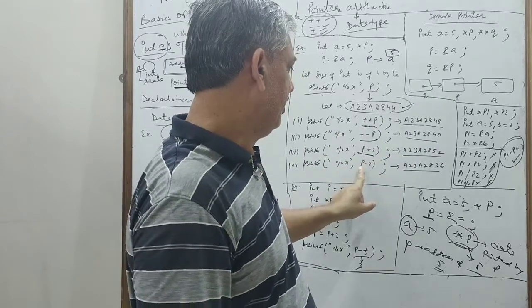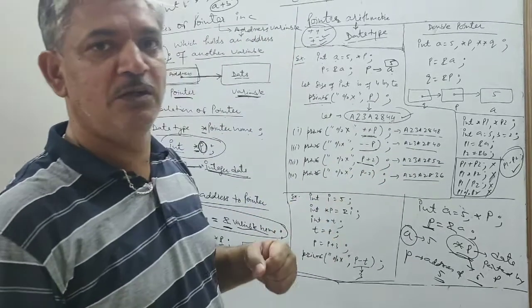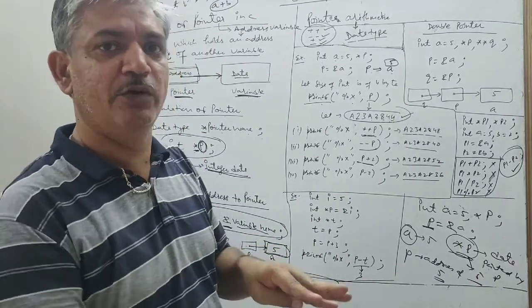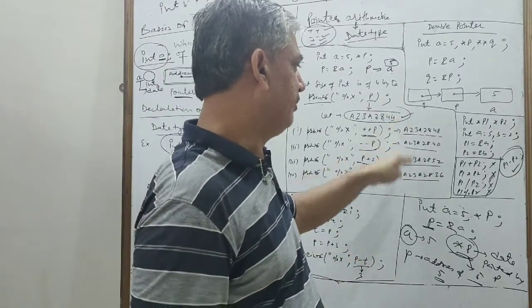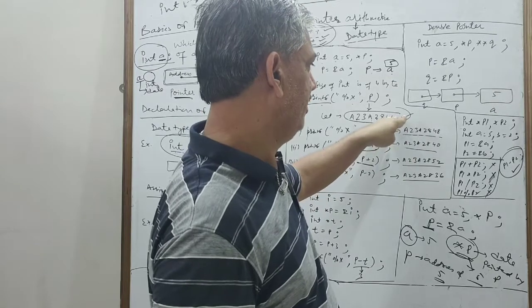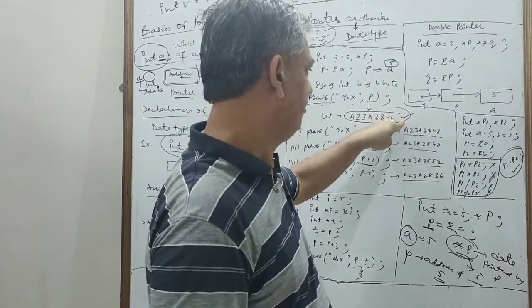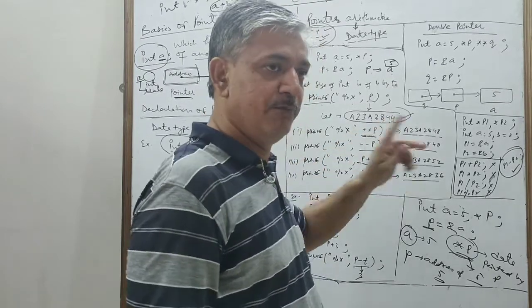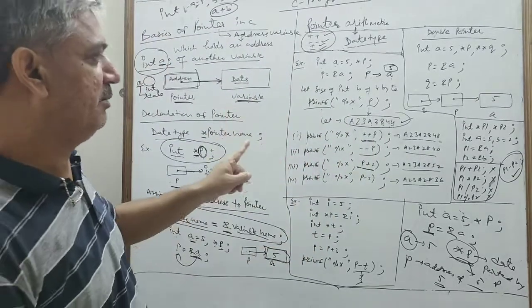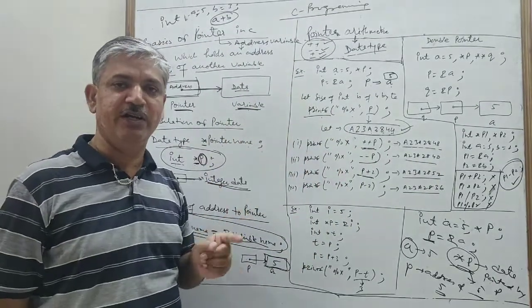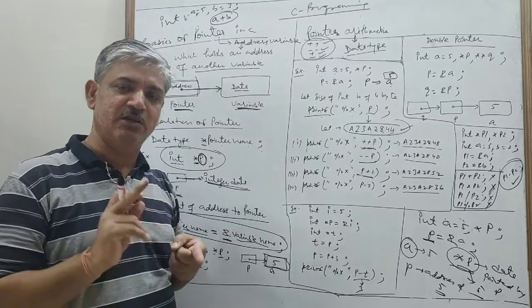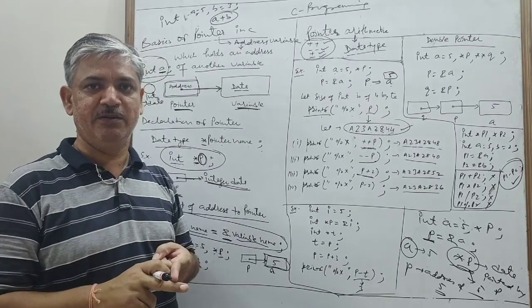Clear? Similarly, p - 2 means decrement by 2 addresses. 2 addresses means 8 bytes, so when we subtract 8 from this, we will get this one. So remember, pointer arithmetic is not according to data, it is according to data type.